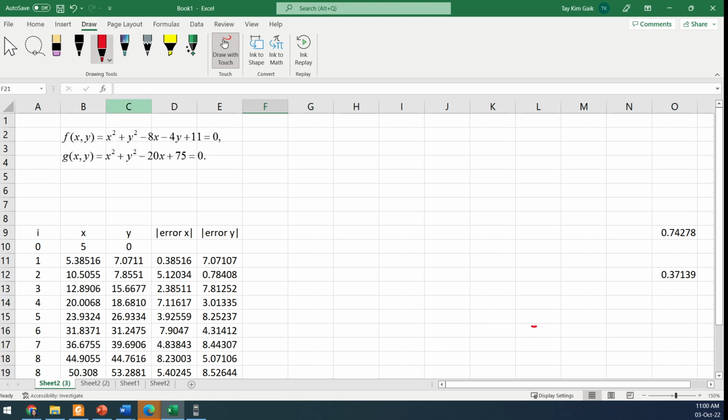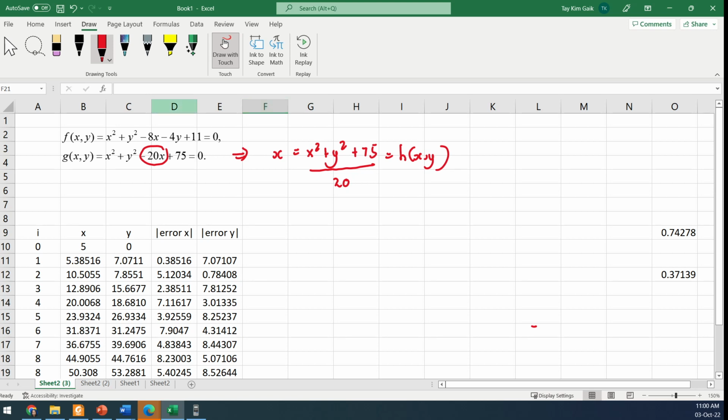So this round I try x from here. Negative 20x I bring to the other side, so you have 20x equals x squared plus y squared plus 75. You want one x only, then divide by 20. This is a function h. So I choose x from the second equation, a linear term.